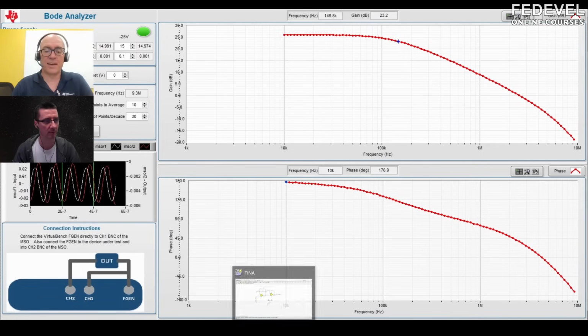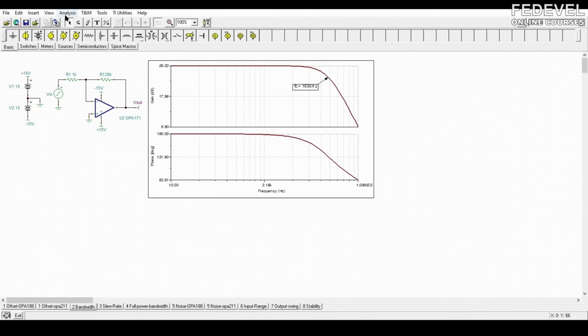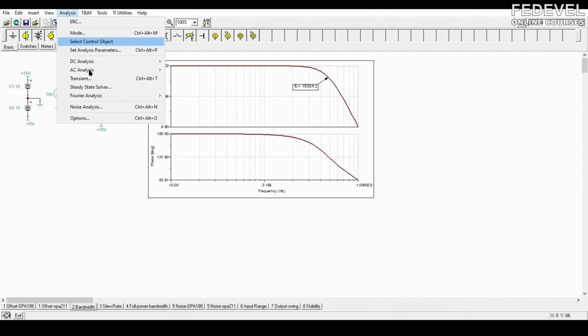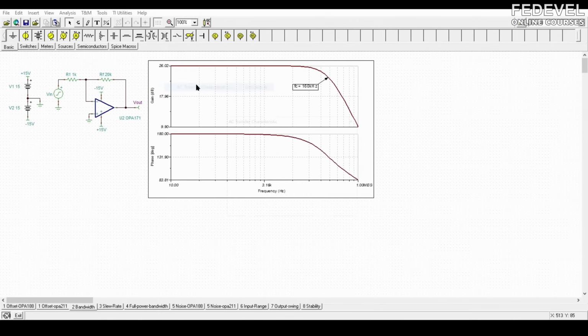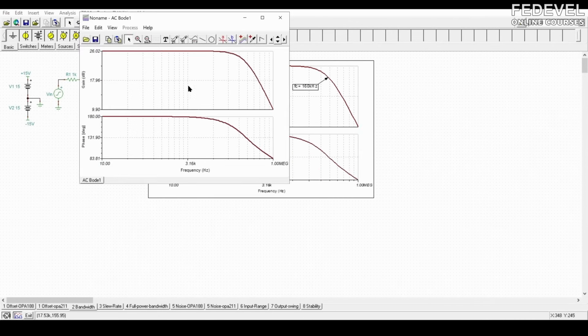So now if I go to simulation and I go to bandwidth, I can say analysis, AC transfer characteristic, and we run it for this OPA171, same device, and you see basically the same kind of curve.